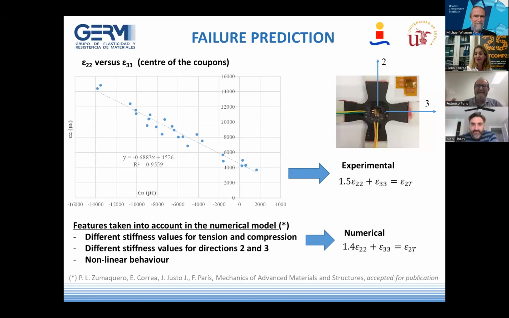The question is that it looks like Michael says that both representations are not similarly affected, because in this particular case where we measure in the center of this cruciform specimen, there is a greater variation with the load applied than when we are just looking at the two arms of the cruciform specimen.